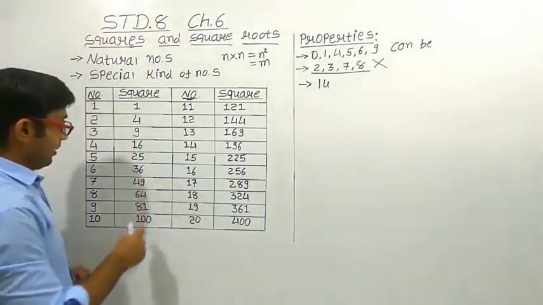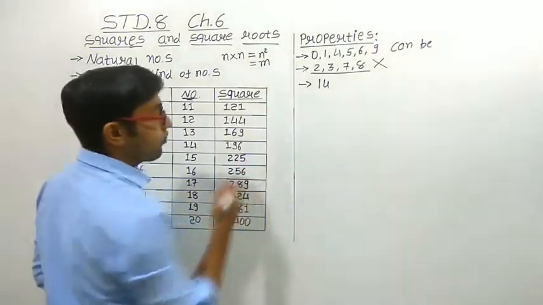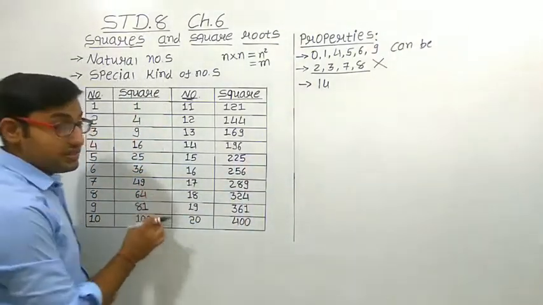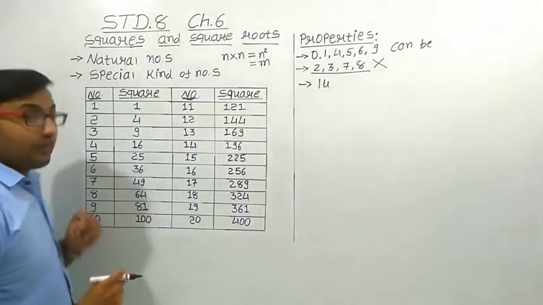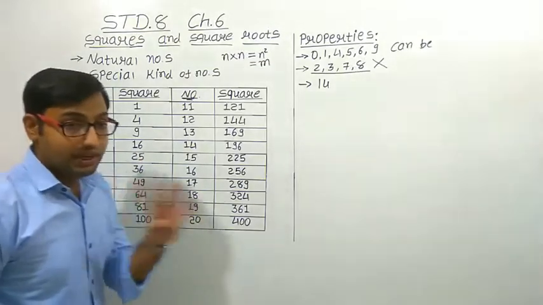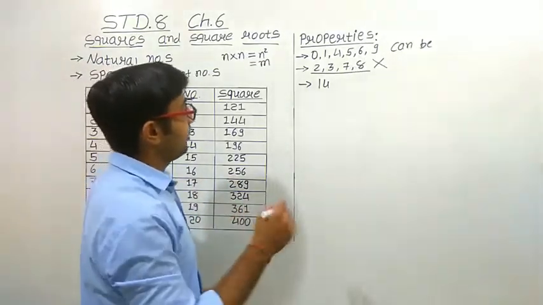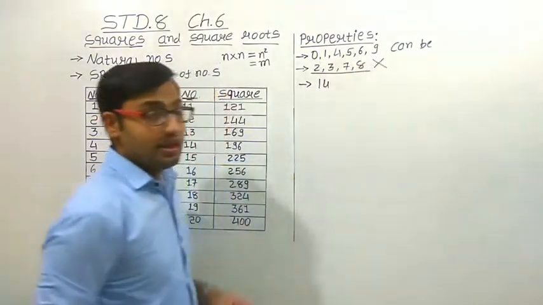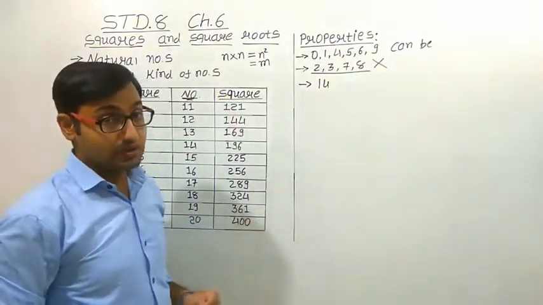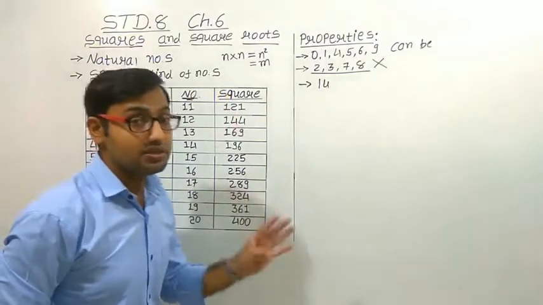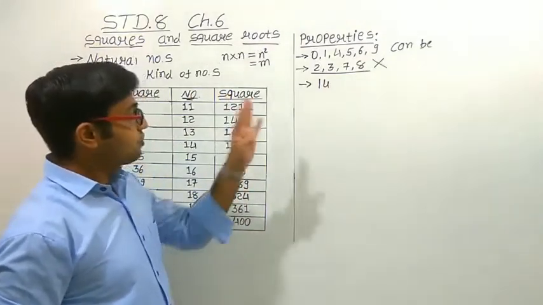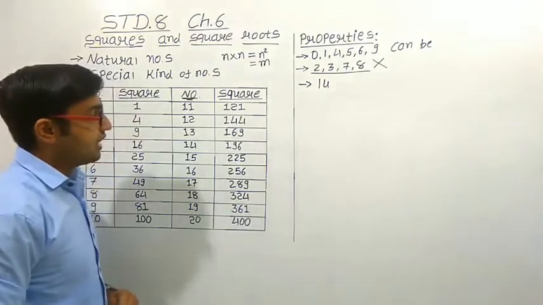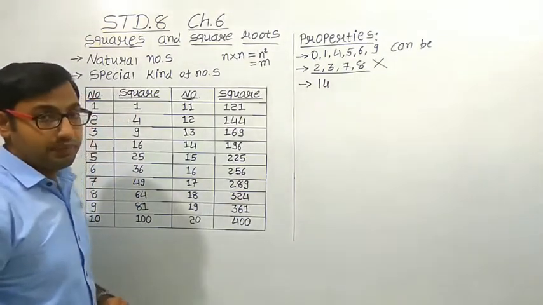At the same time, if we take 64, then what will happen? 64, unit place is 4, but it is a perfect square of 8. So, in every case, it is not necessary that if the unit place digit is any of these numbers, then it is a perfect square number, right? It is not a must. So, this is one of the properties that we have to keep in mind.